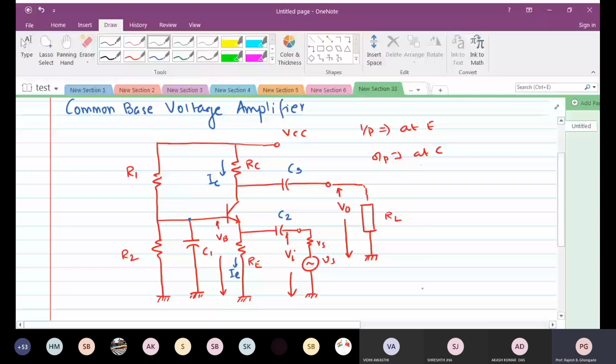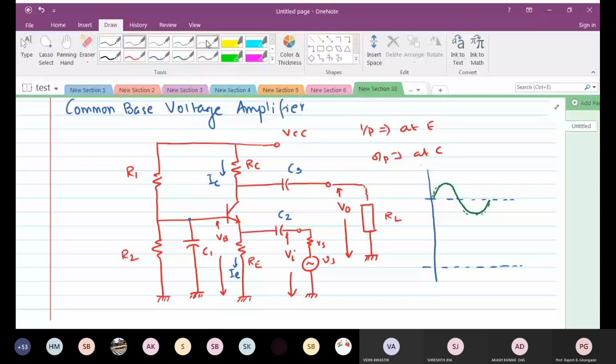If this is your input, the output happens to be like this.